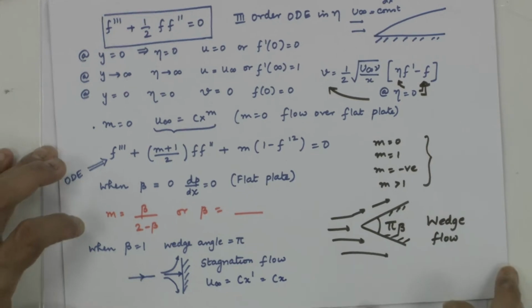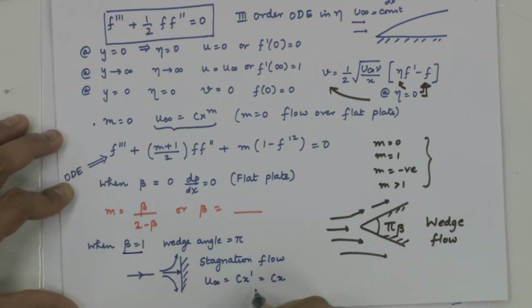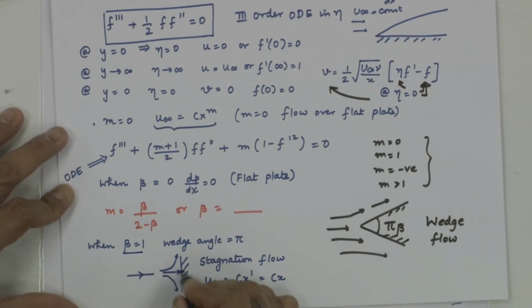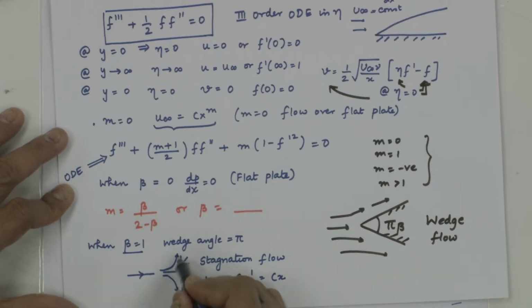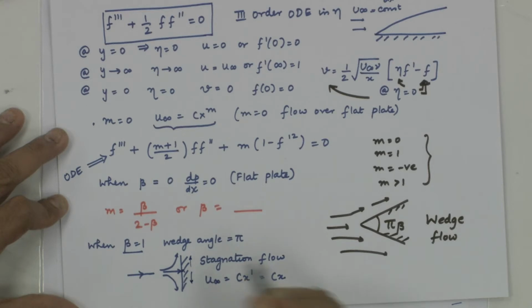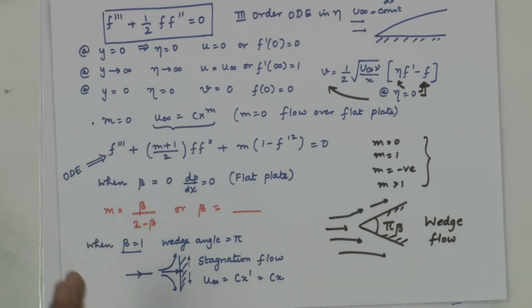So, stagnation flow is another class of problems where you have flow hitting here, reaching stagnation point, and then u is equal to C times x. So, along the direction as the jet spreads out, u infinity is going to be equal to Cx. This is another class of problems.